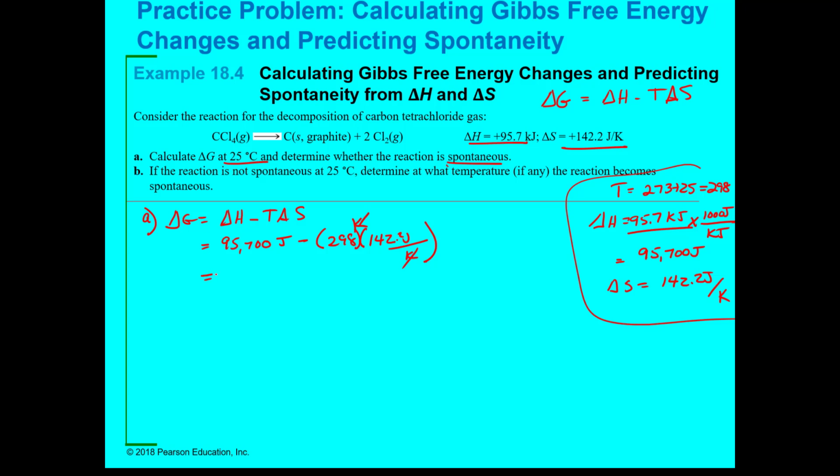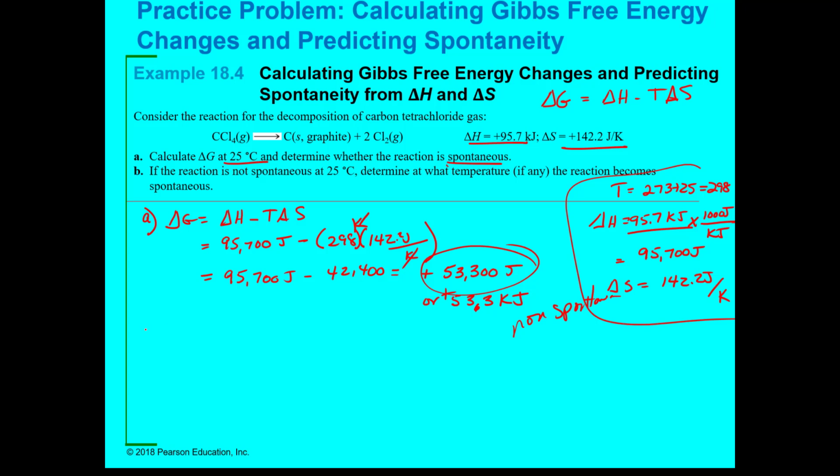And so that is going to give me 95,700 joules minus 42,400 joules, which equals a positive 53,300 joules, or 53.3 kilojoules. Since this is a positive number, it is non-spontaneous.